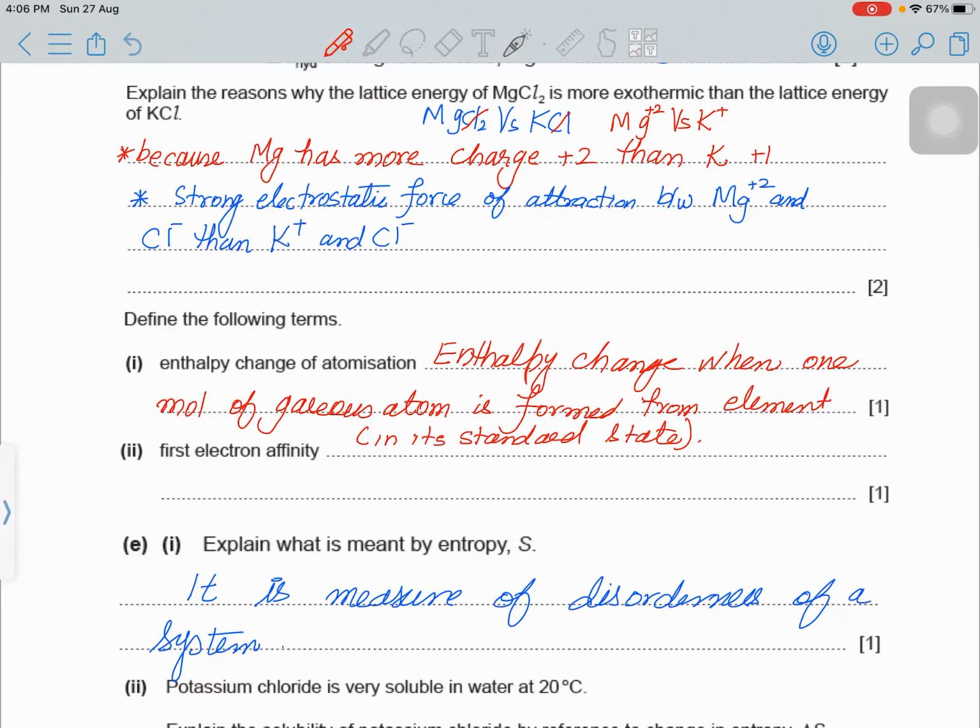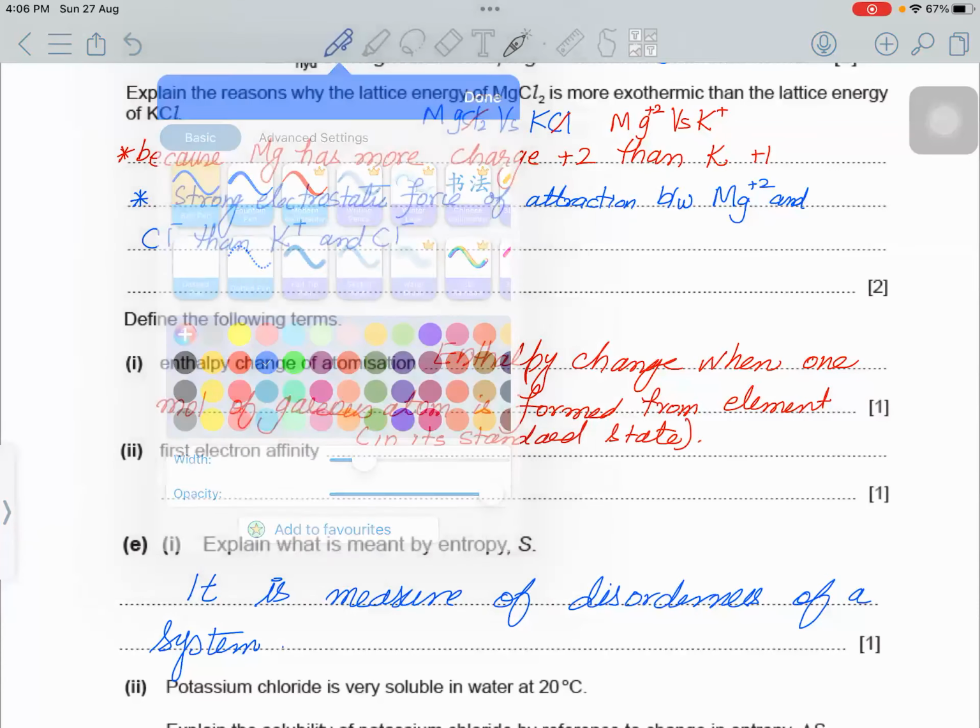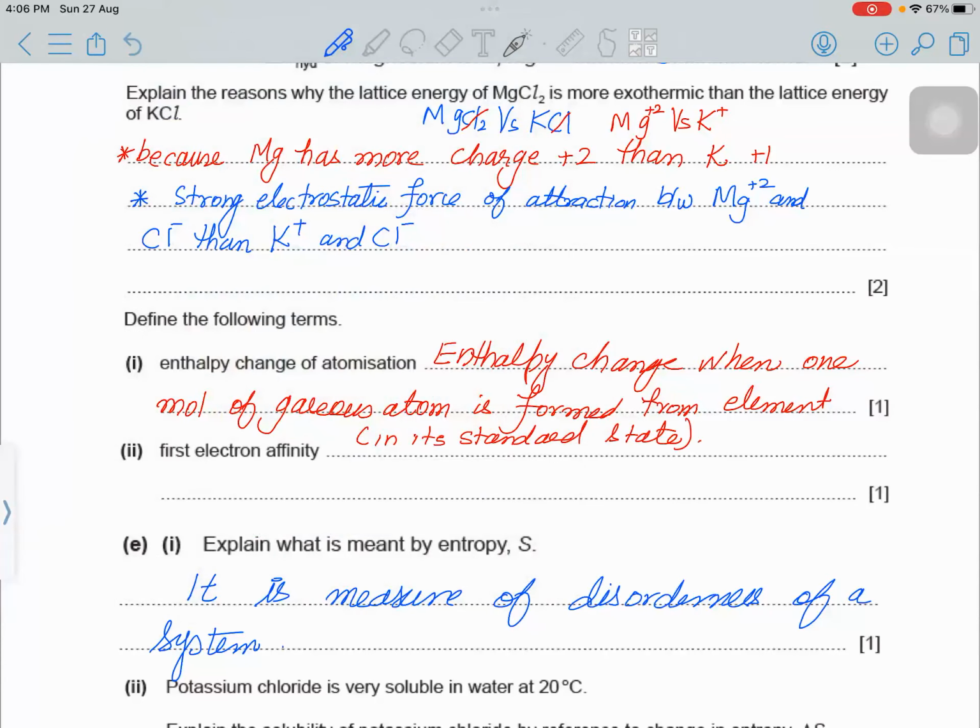Now next is electron affinity. What is electron affinity? First electron affinity: enthalpy change when 1 mole of electrons is added to 1 mole of gaseous atoms. Very good.